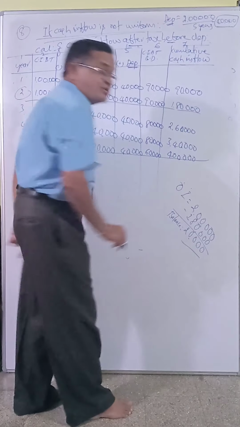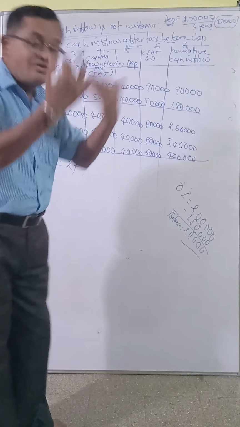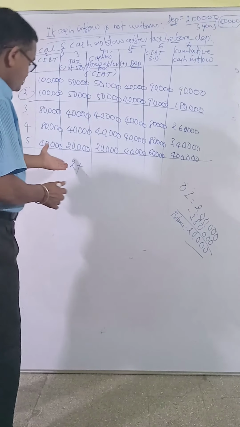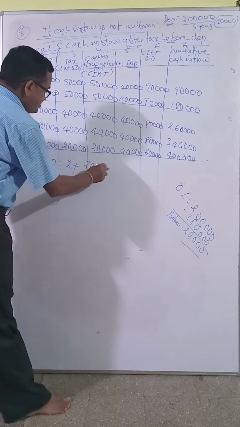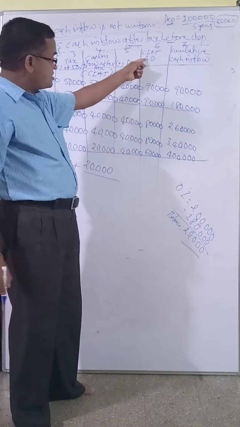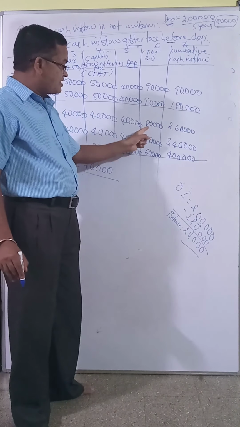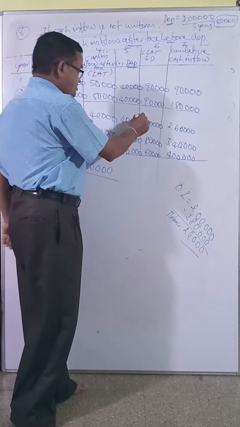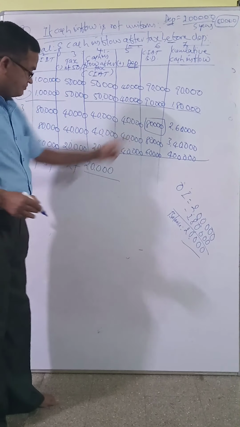This is my own equation: balance or remaining, required cash inflow. So required cash flow was 20,000, divided by the cash inflow for the next year. Don't take the complete cash, take the next year's cash inflow. How much? 80,000.